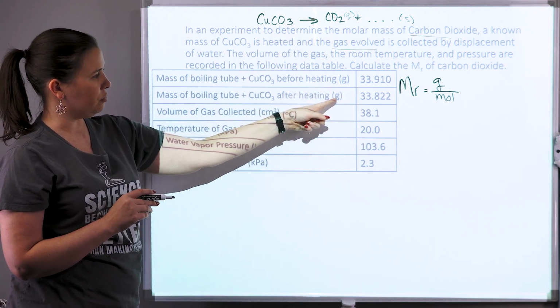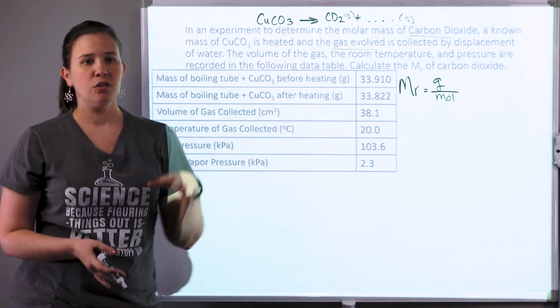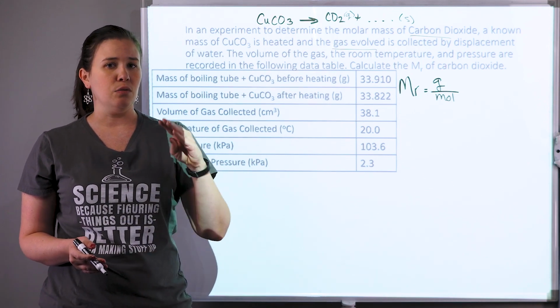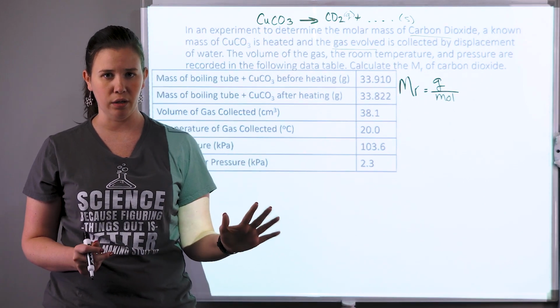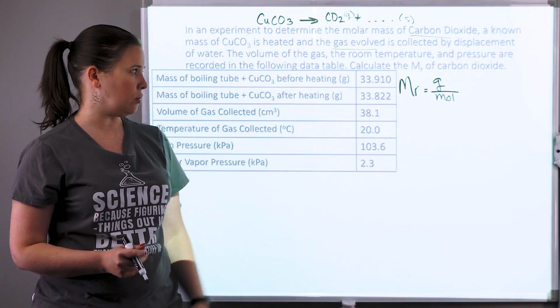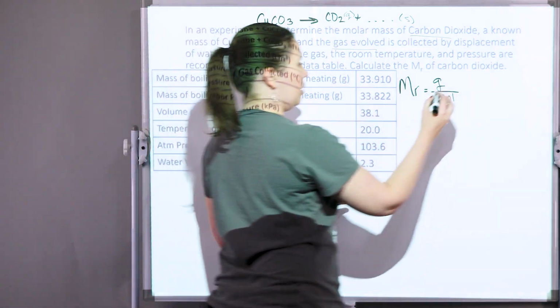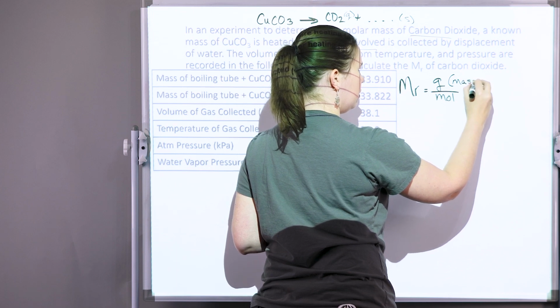So it gave me an initial and a final, and the mass lost must be the mass of carbon dioxide. Just like when you start off where you mass the hydrate, then you dehydrate it, mass your anhydrate, and the mass lost must be water. In this case, the mass lost is our carbon dioxide. So if I find that difference, I'm going to be able to find the mass of my carbon dioxide.